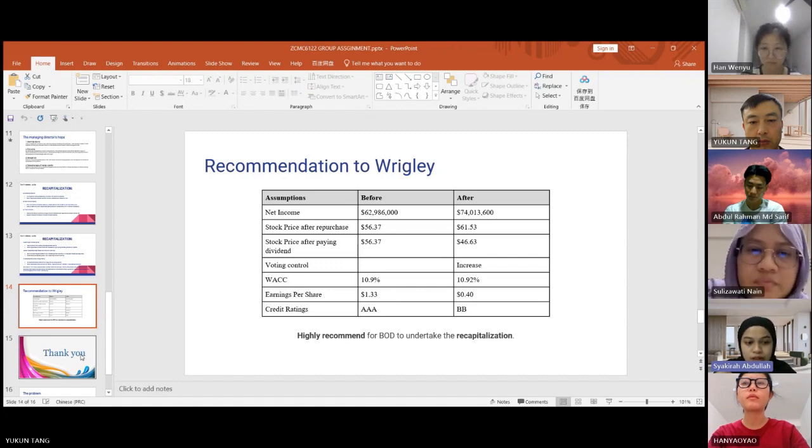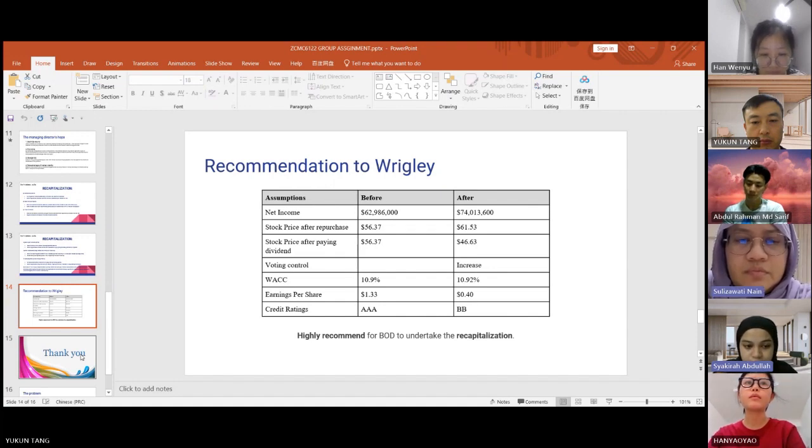The WRIGLEY family would have more voting control as their portion of WRIGLEY stock would be greater after the recapitalization if the loan is used to repurchase outstanding shares. In addition, there is a change to the value of WACC, but it is very minimal, so it is still recommended for them to consider the recapitalization.